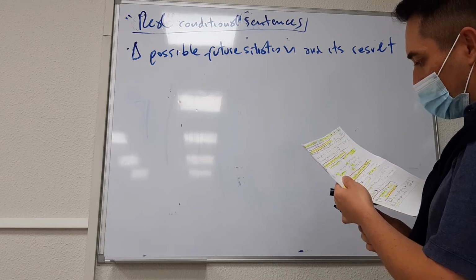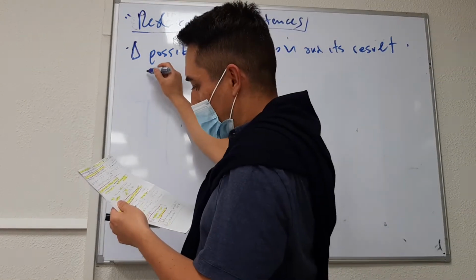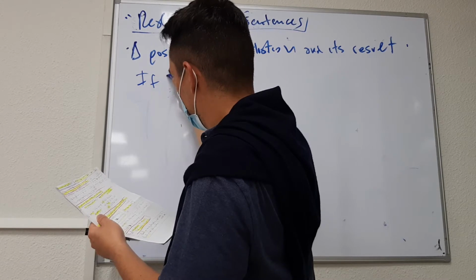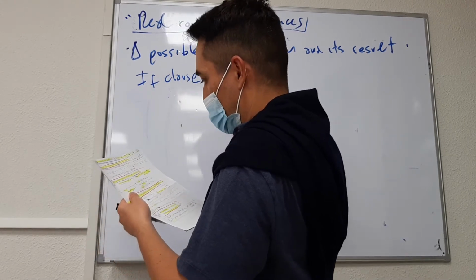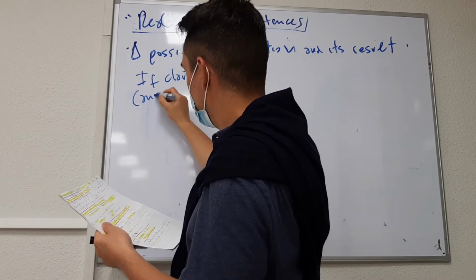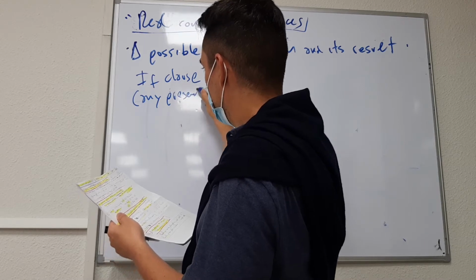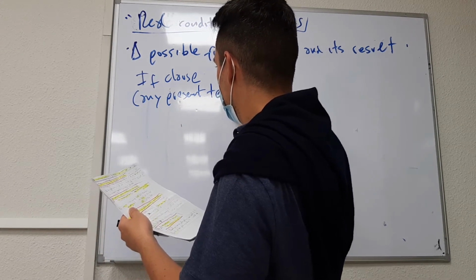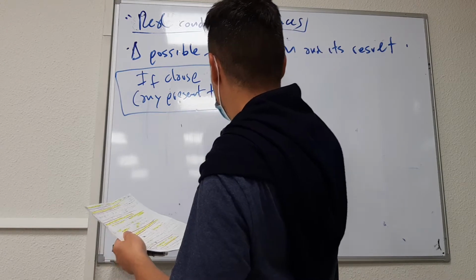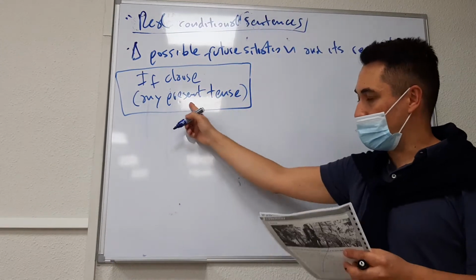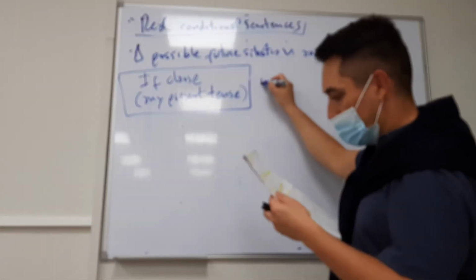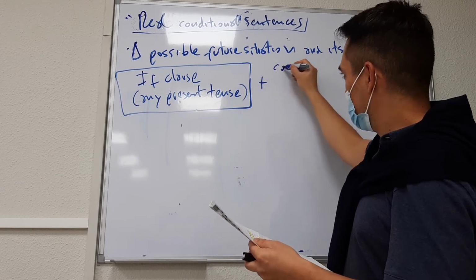So the structure is the following one. You need the if clause with any present tense. This is the first block that you need, the if clause with any present tense, and then the consequence clause.